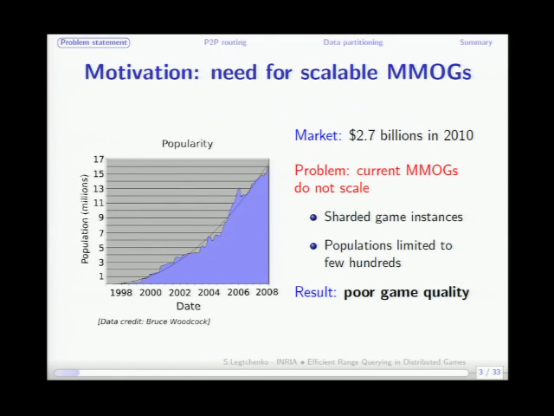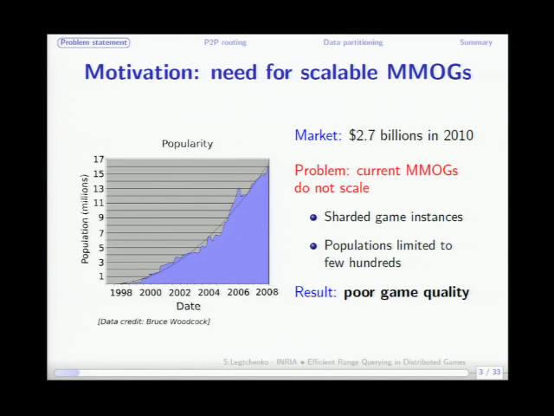To support the huge amount of players, the MMOGs split the whole population into separate gaming instances, called shards, and each shard is held by one server. The populations that are located in different shards are unable to communicate with each other.